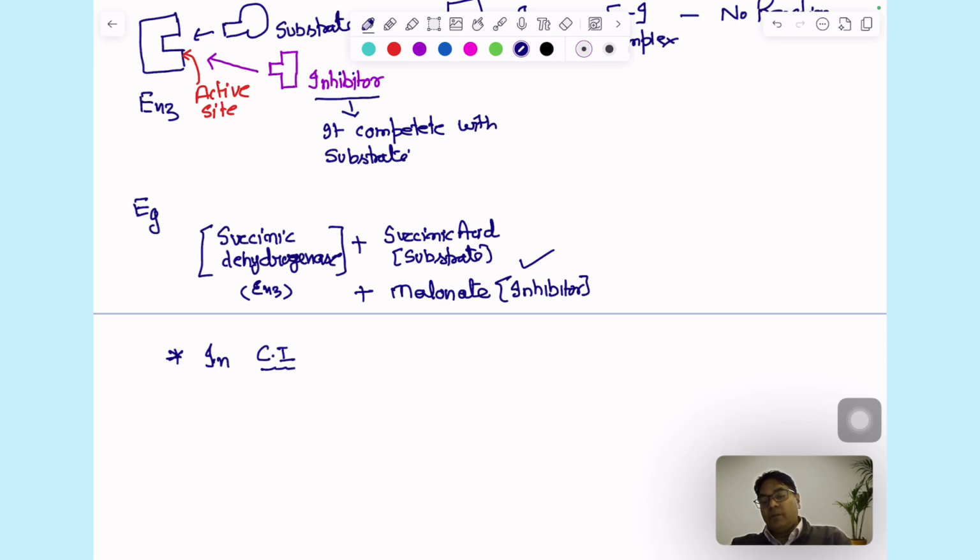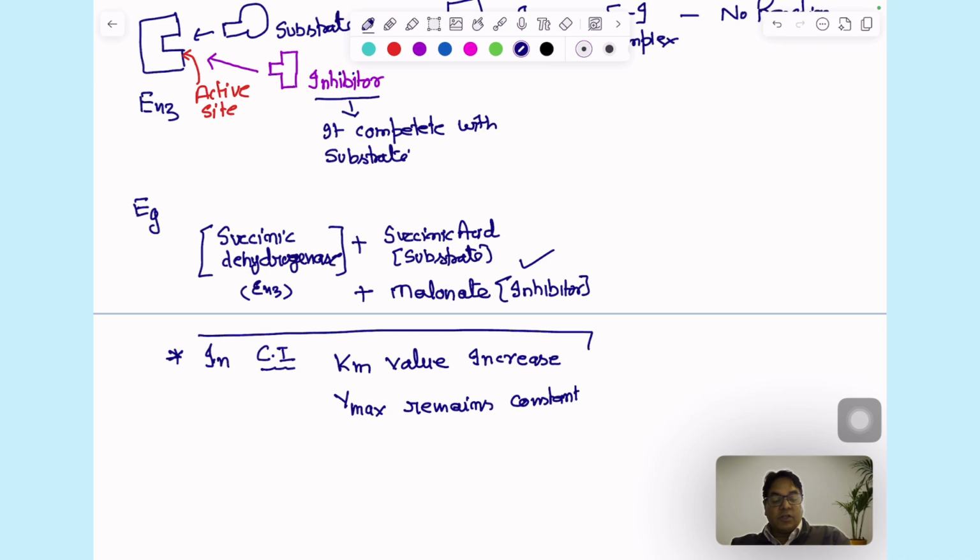In competitive inhibition, the Km value increases, but Vmax remains constant. So this is the key point that has to be remembered for the competitive inhibitor.